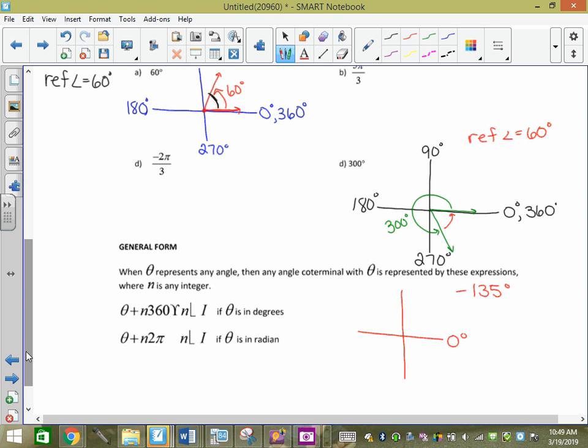I'd go 0, negative 90, negative 180, negative 270, negative 360. 135 falls directly halfway between 180 and 90, right up the middle.